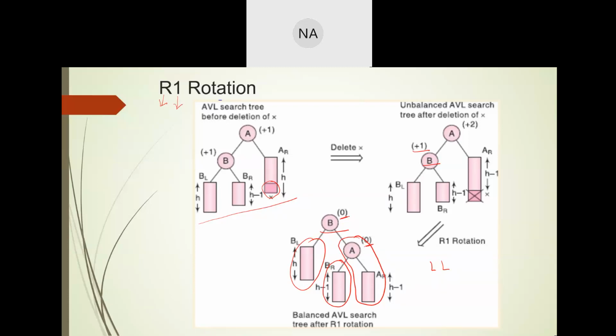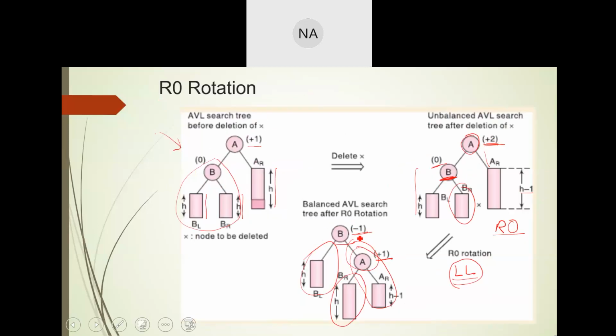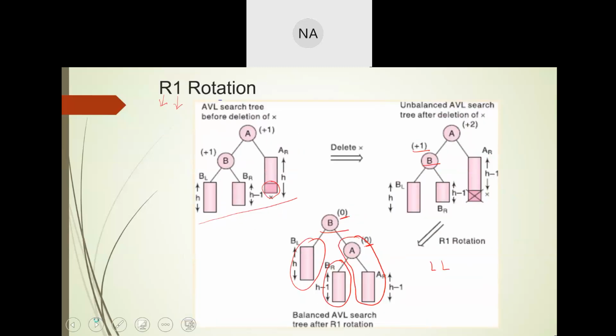In the R0 rotation, the obtained balance factors were -1 for B and +1 for A. But in R1 rotation, both node A and node B have balance factor equal to 0. So the steps are exactly the same, but different balance factor values are obtained. This is R1 rotation.